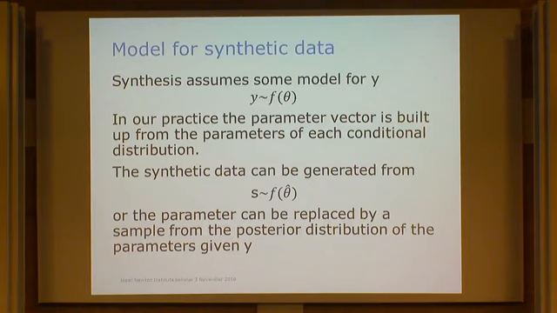That's one way of doing it. Some people call that a plug-in estimator, and it's what we usually do. But you can also replace that theta hat by a sample from the posterior distribution of the parameters given y, which is what was done historically in a lot of the papers that look at synthetic data. We could have an argument about that, but not today.